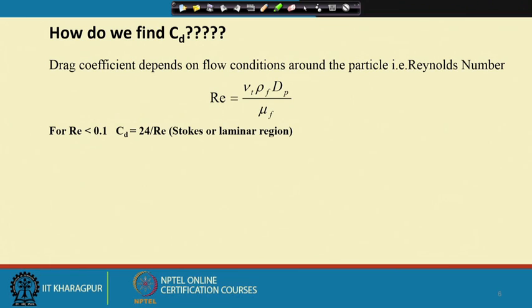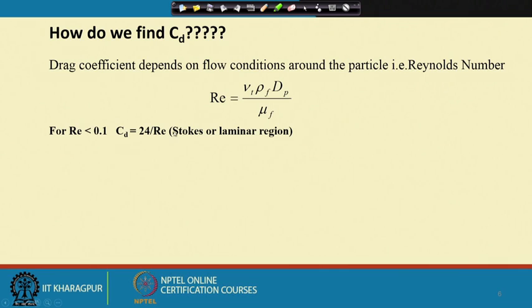It applies for very fine particles. For a quartz density particle, that is, a particle with a density of 2650 kg per meter cube, this size could be approximately less than 50 micrometers.